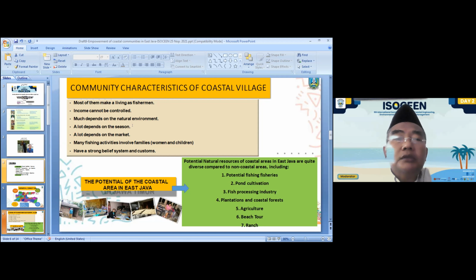And many fishing activities involve families, women and children. That is a cultural problem as well. So many children go to join their father to catch fish every day.